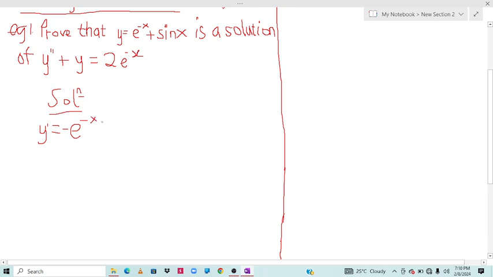So now having gotten that, let's differentiate sine x. If we differentiate sine x, we are going to get what? Cos x.